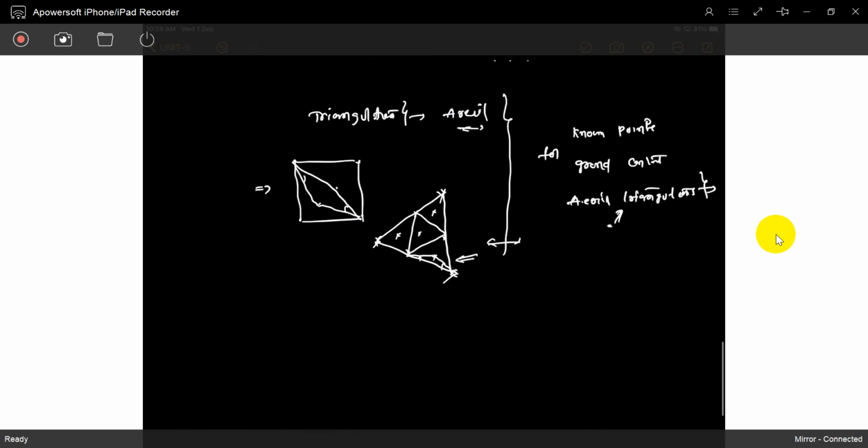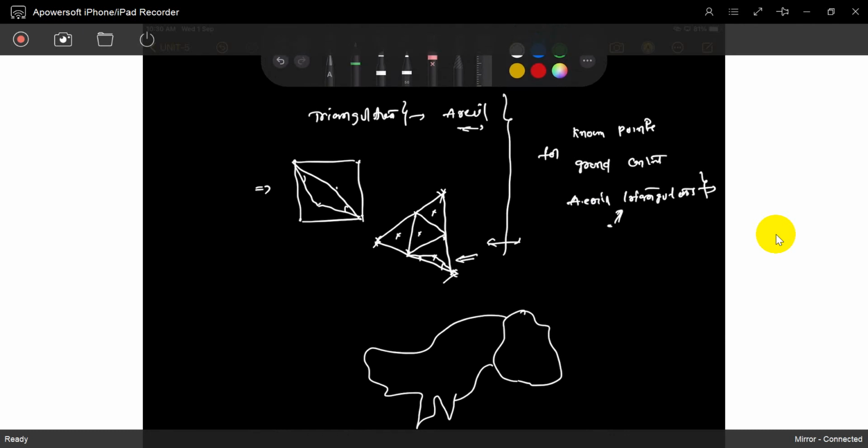If a picture of something is there, we have to divide every part into triangles. Just check, in every three-dimensional printing, we divide everything into a number of triangles.